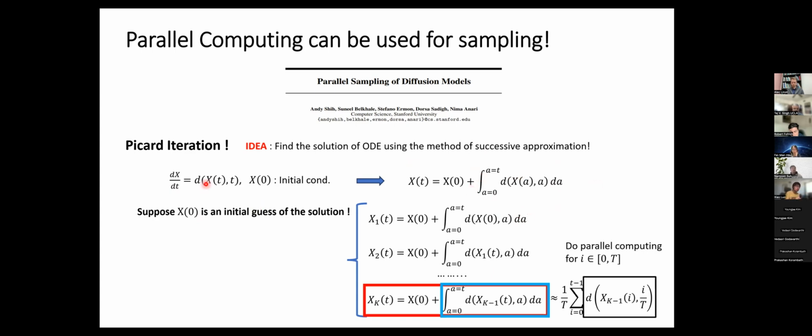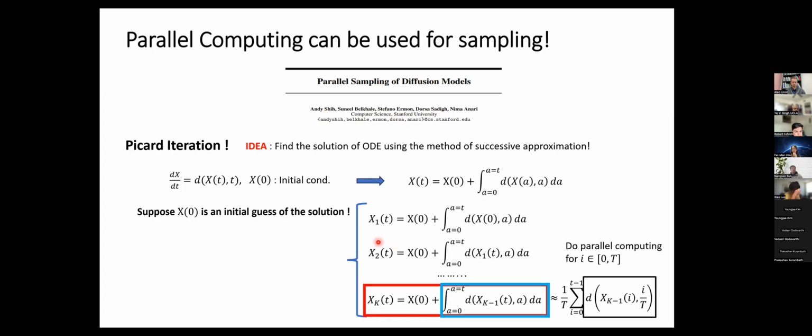And the idea of Picard iteration is, let's say we take the initial condition as the initial guess for the solution, and you put the initial condition into this integral form and solve it and get the first solution, X1.